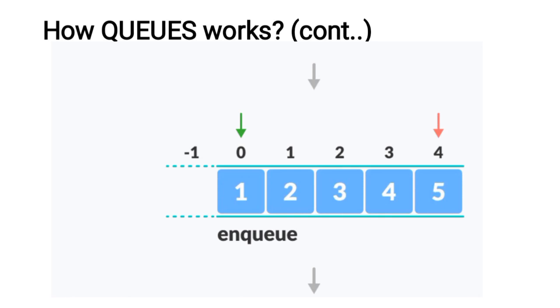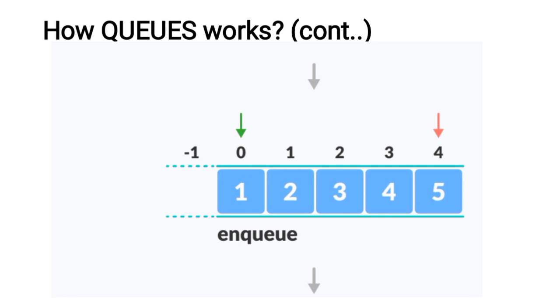The -1, 0 up to 4 over there are representing the index. Index will start at 0 up to 4. Remember that when we are using arrays we start at index 0 up to n-1, where n is the size of the array. So over there it represents that the queue is full.